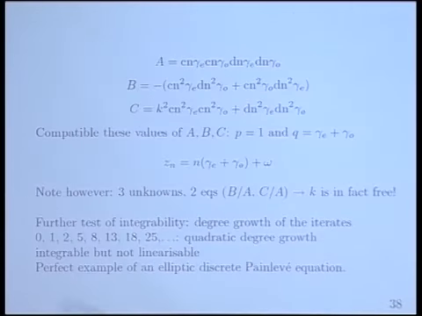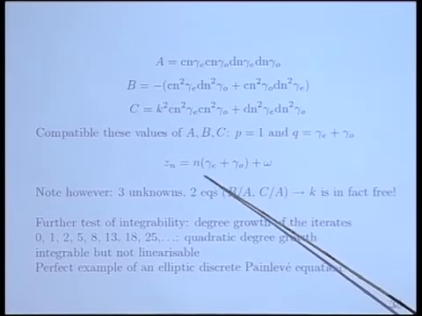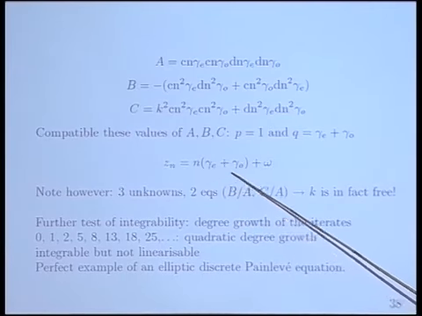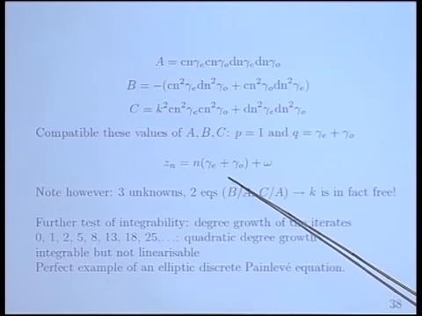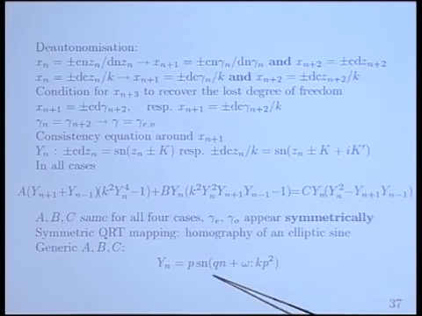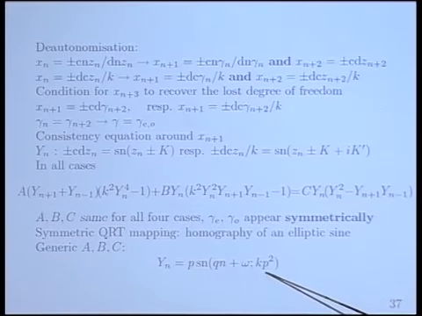And more precisely, this is one possible solution. The solution is just that z advances by the sum of the even and odd gammas, and the y is just an sn of this quantity.